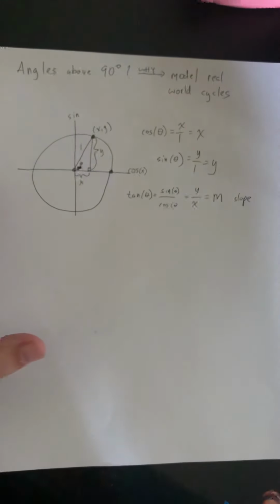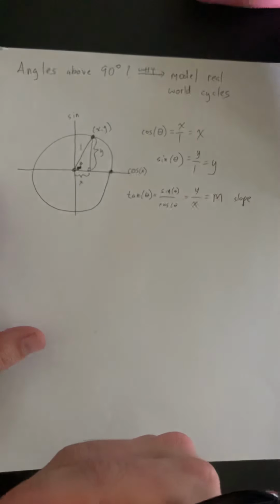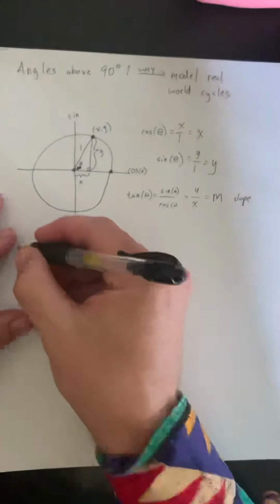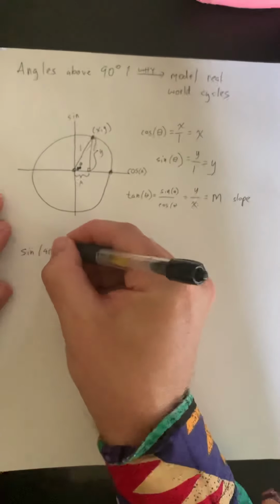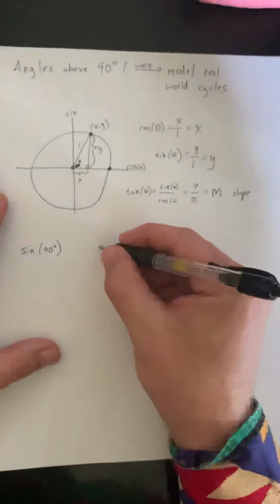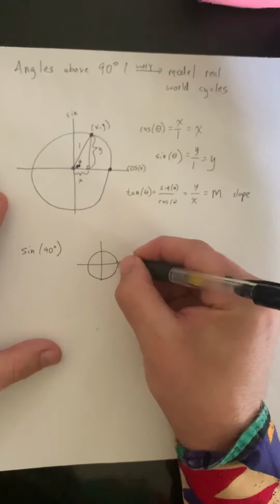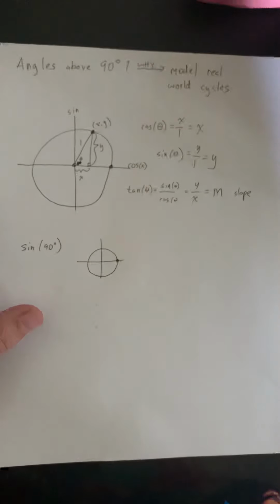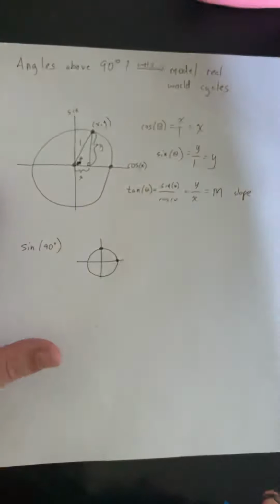Okay, so we'll start off with doing problems where they give you an angle and they ask for the output of the trig ratio. And we'll start with ones where the angle, maybe we'll just say here, sine of 90 degrees. The angle will be always divisible by 90. If we use our unit circle picture here, if I start here on the x-axis at the point 1, 0, and we rotate 90 degrees, we end right here.